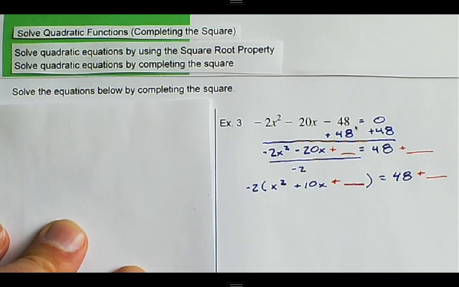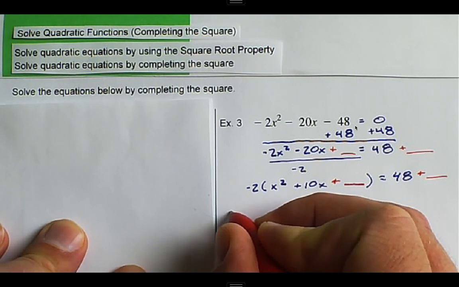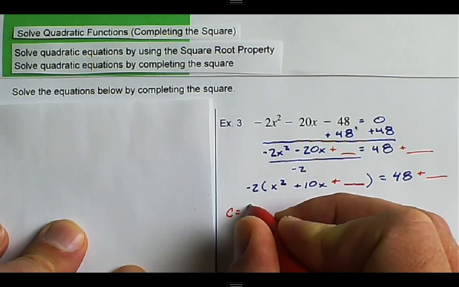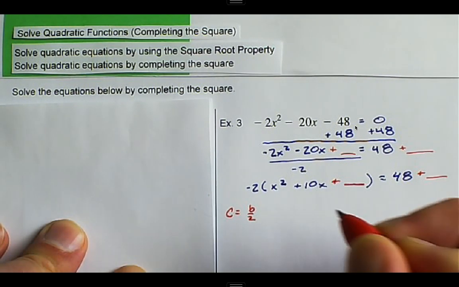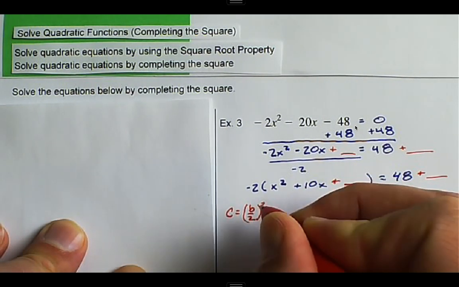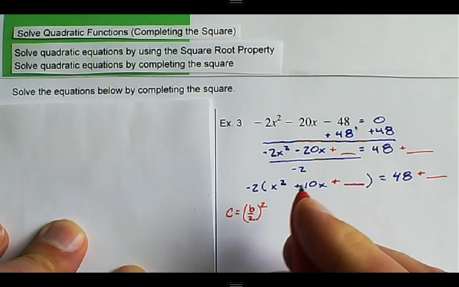So what would make this the perfect square? We have to use that formula again where c is equal to b divided by 2 squared. So when we're calculating, we say c is equal to b divided by 2 and that quantity squared. So in this case, our b value is 10.